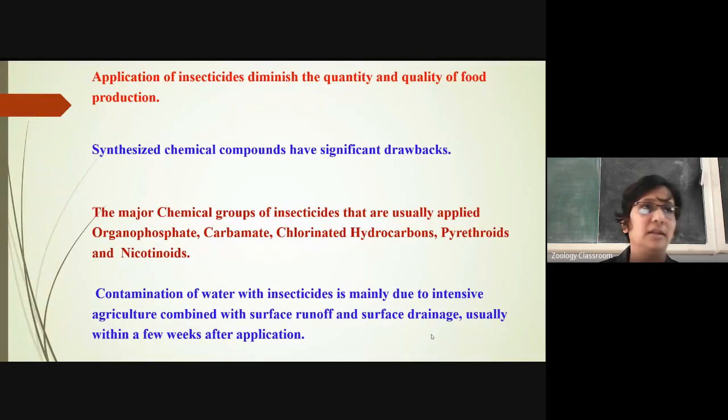So when the environment is affected, when the water is affected, at that time it affects the organisms as well as animals which are present in that particular environment. Organisms which are present in the environmental region, in air as well as in water also.